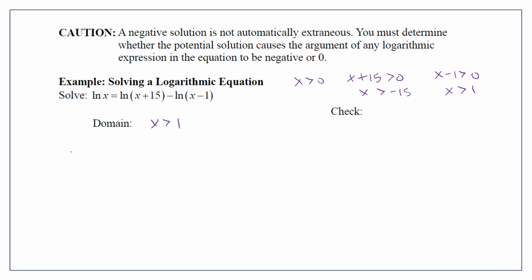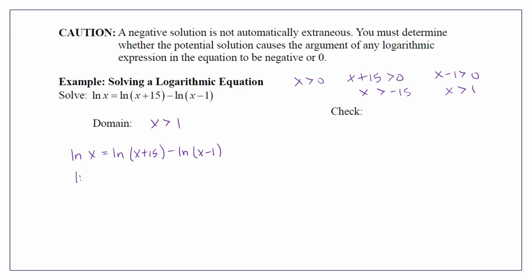Alrighty, so let's solve this. So we have the natural log x equals the natural log x plus 15 minus the natural log of x minus 1. Okay, so on the right-hand side, we're subtracting two natural logs, so we can use the property to combine that into a single log by dividing.